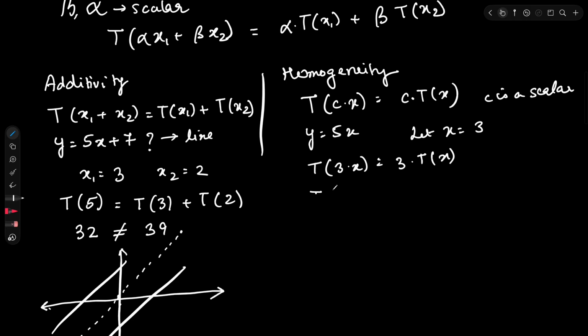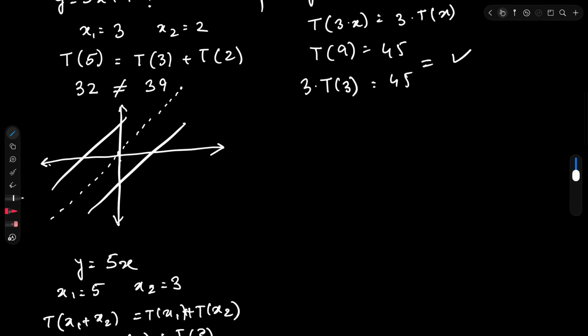So 3 into 3 is 9. So T of 9 is how much? 5 into 9 is 45. And we have 3 into T of 3. So T of 3 is 3 into 5, which is 15, and 15 into 3 is 45. So we find both of them are equal. So this also satisfies the condition for homogeneity.